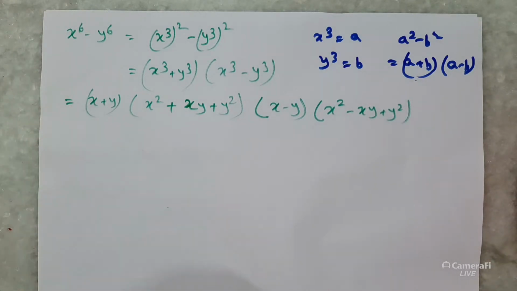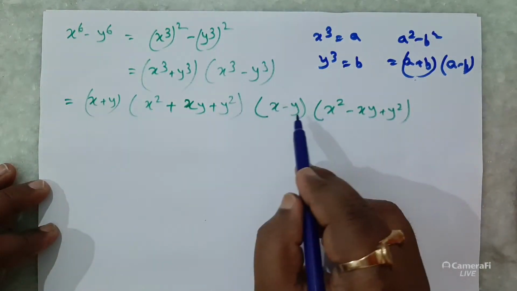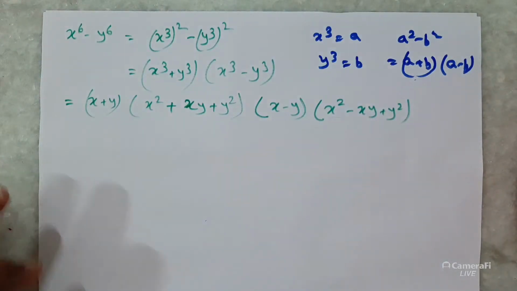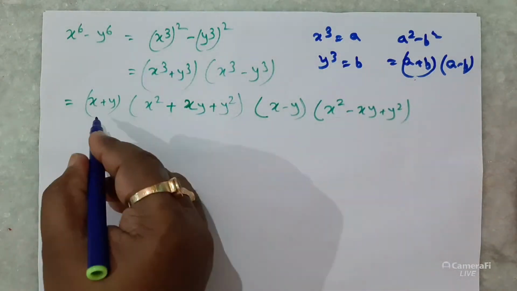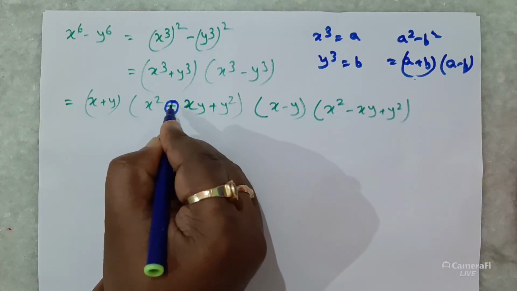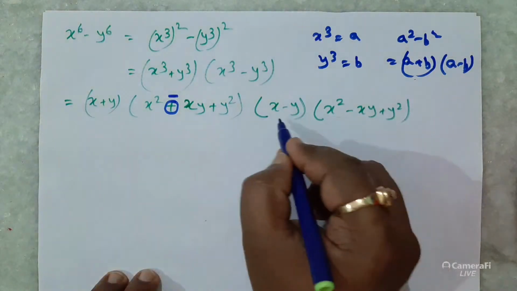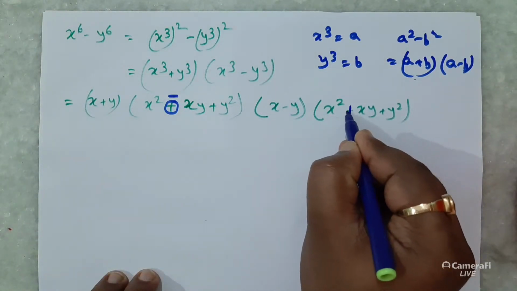See, regarding this formula, generally where plus is there we write all plus, and where minus is there we write all minus. But my friends, here a little bit of a twist is there. The x cube plus y cube formula is x plus y, this will be plus. But this plus will not be there, this will be minus. And this will be plus.